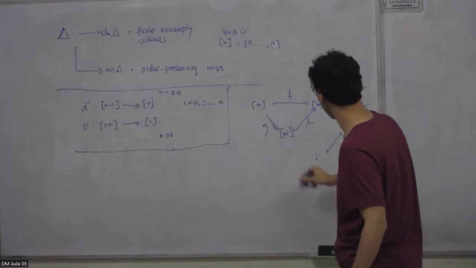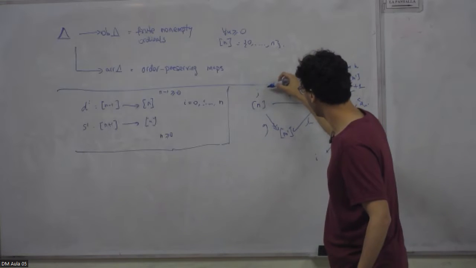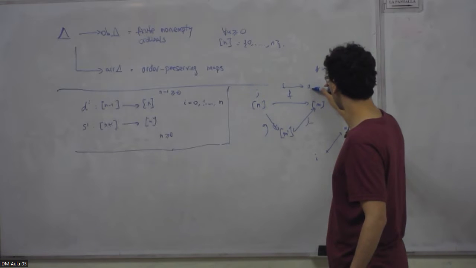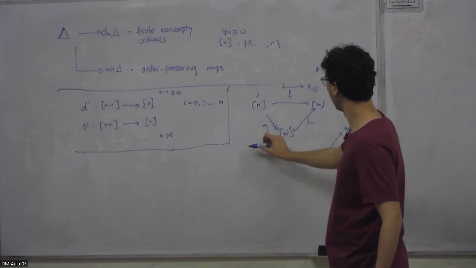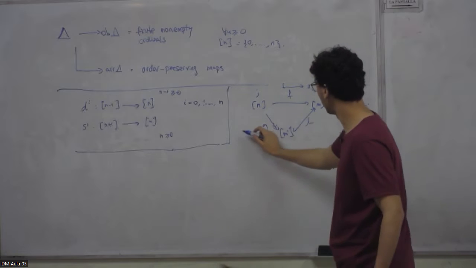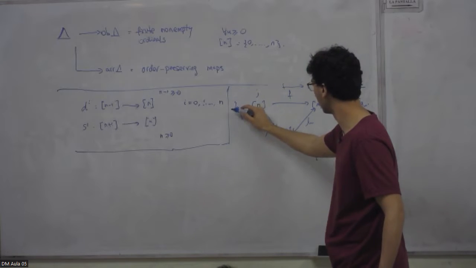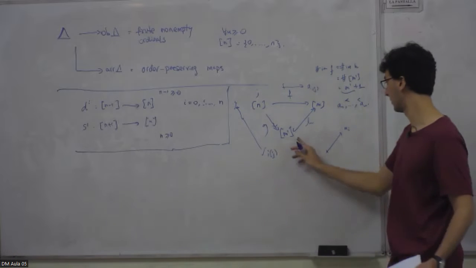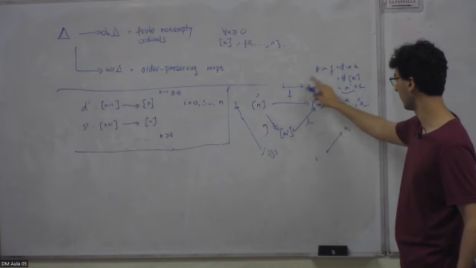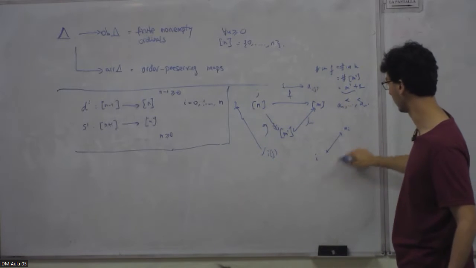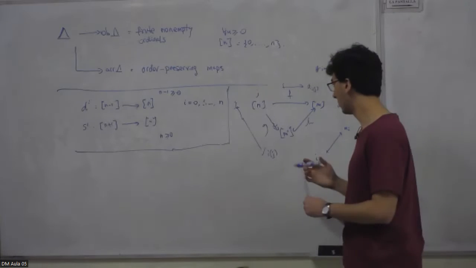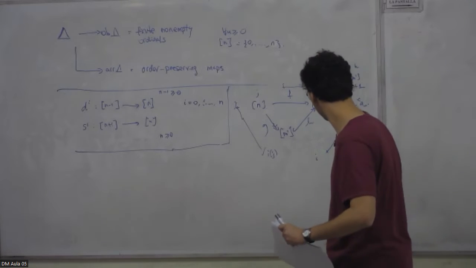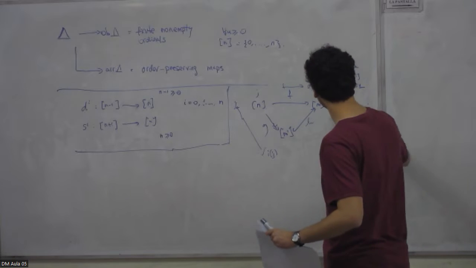So g is order preserving, and in fact you can see quite clearly that if j is mapped to some a sub i, let's say a sub i of j, then in order for this to commute, j must go to i sub i of j. So then h maps it to this. This is h. So there's only one option, and this option works. So the composition exists and is unique.